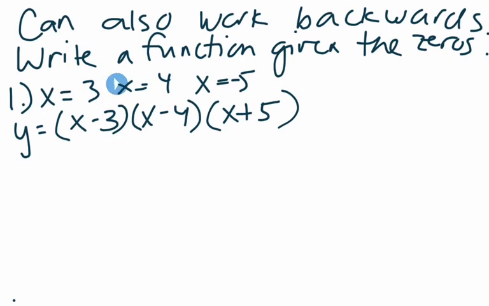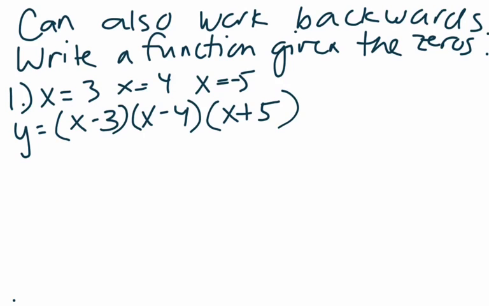That's why it says write a function that has the given zeros. If you were doing this in honors, or in college algebra, it would give you something more specific. It would say write a function that has these zeros and also goes through a particular point, which we sort of did when we were writing parabolas.